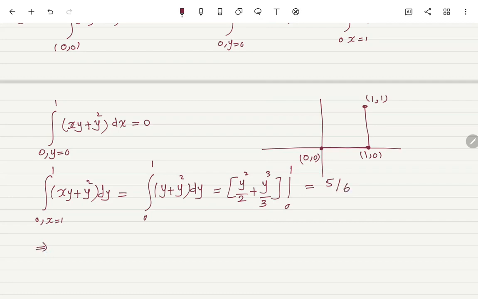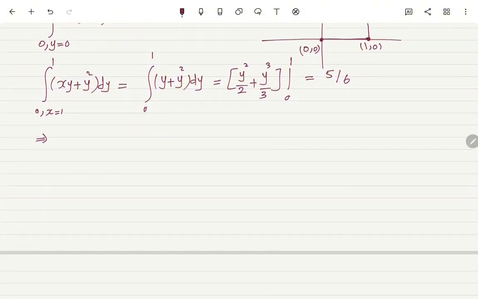Now the integration from 0 0 to 1 1 for xy plus y square, i dx plus j dy, equal to 5 over 6 j hat.